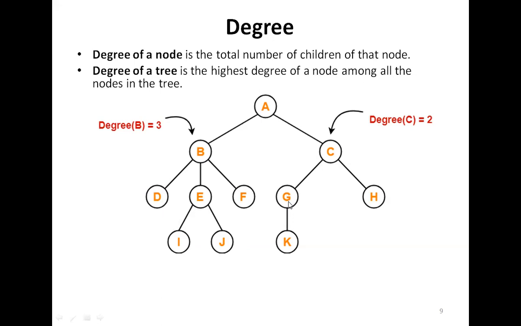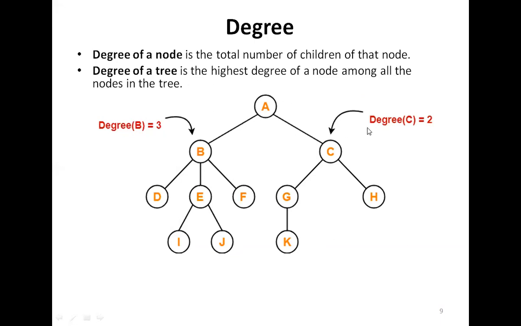Okay, so this is the degree of a node, but the degree of a tree is the highest degree of a node among all nodes in the tree. Means in all the nodes of a tree, whatever is the highest degree of any node, that is the degree of the whole tree.